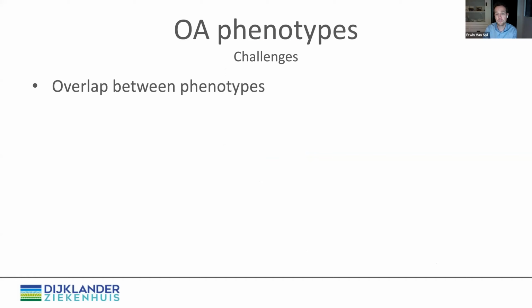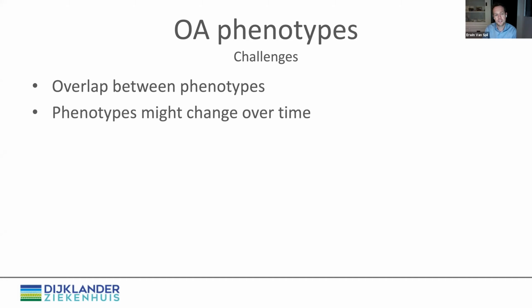Can they also have other phenotypes? And should we investigate these patients for all the other phenotypes and how to do that? And also in clinics, should we treat a particular phenotype over another phenotype, or should we treat them all at the same time? Which are things that still require more research once we know more about phenotypes.